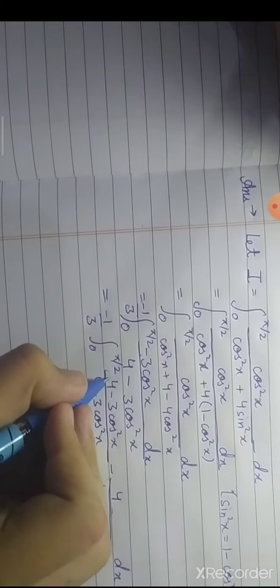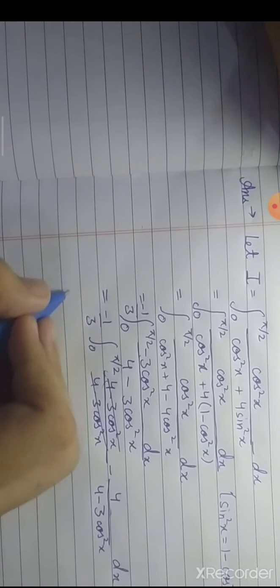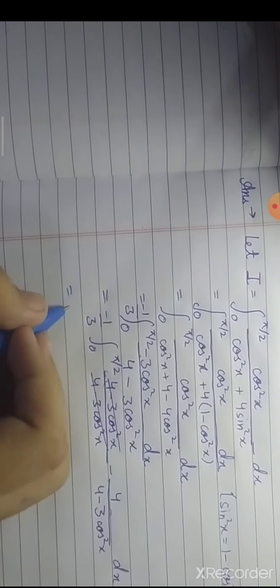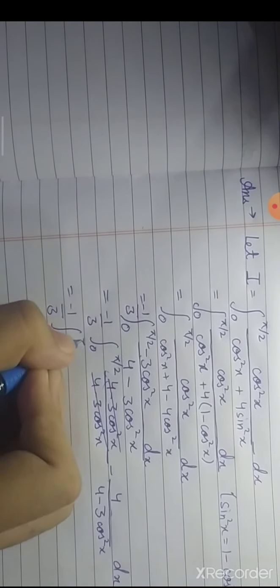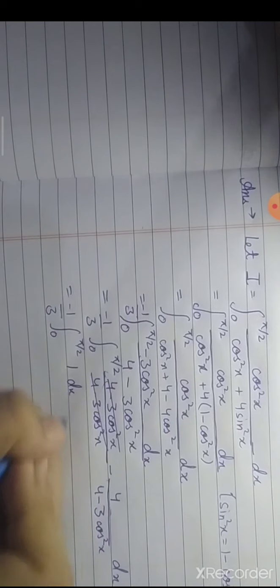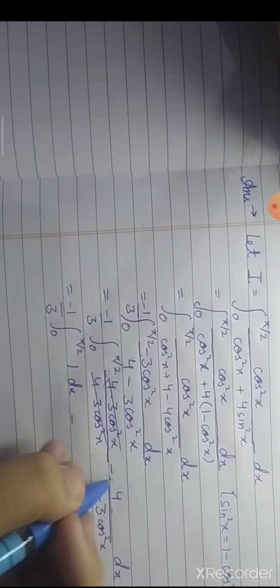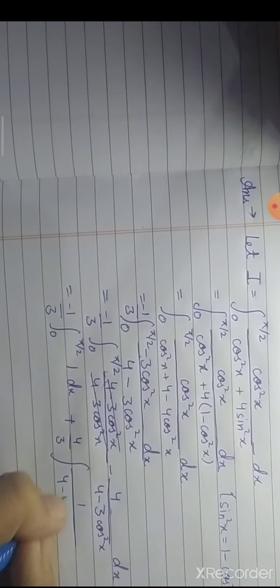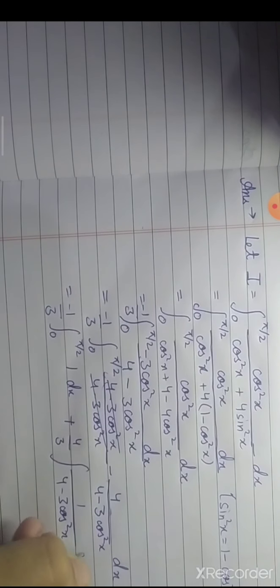These both are the same, so it will come 1. That is why we have tried to make the numerator in two parts. Minus 1 upon 3 integral from 0 to pi by 2 of 1 dx, and minus 4 will come outside, minus minus plus, so plus 4 upon 3 integration of 1 upon 4 minus 3 cos square x dx.